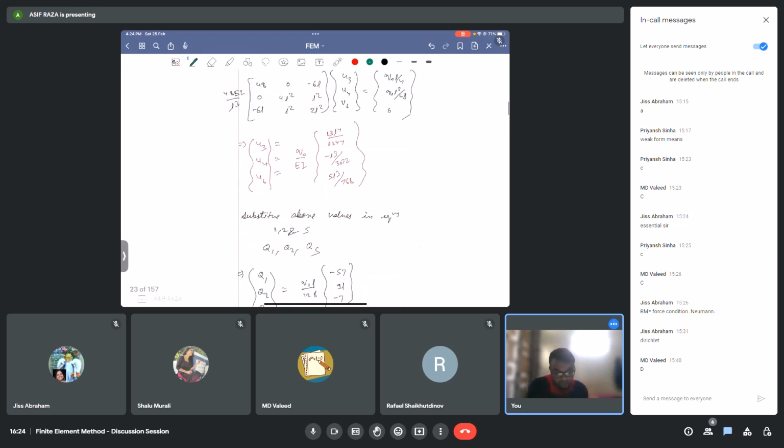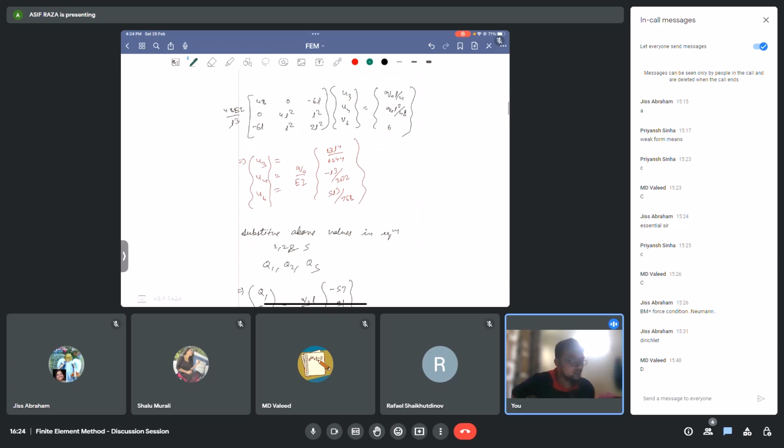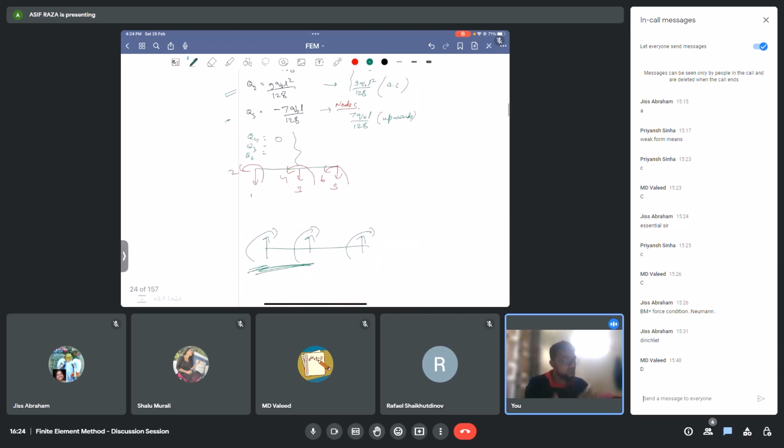Our u3, u4, u5, u6 values came out to be 13 L^4 by 6144, and this came out to minus L^3 by 3072, right? So this pertains to the sign convention itself which we are considering in our problem. I hope that makes sense.